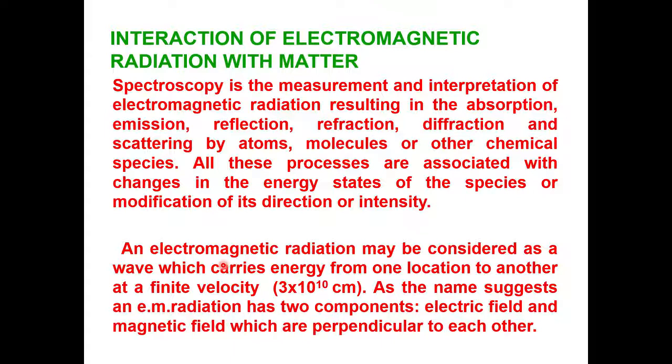Now what we want to do is explore the interaction of electromagnetic radiation with matter. Normally, if we know the electronic structure of an atom, to generate a spectrum it has to interact with electromagnetic radiation.